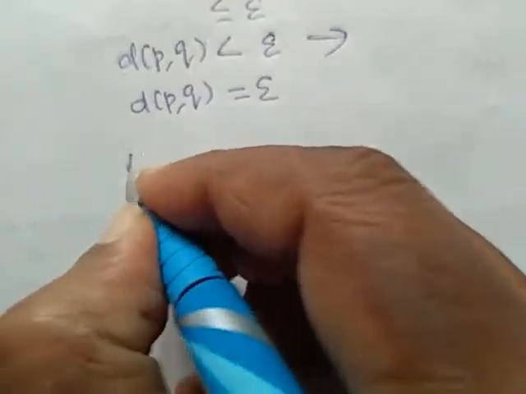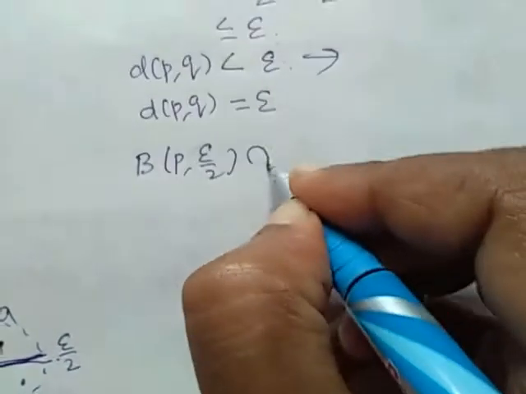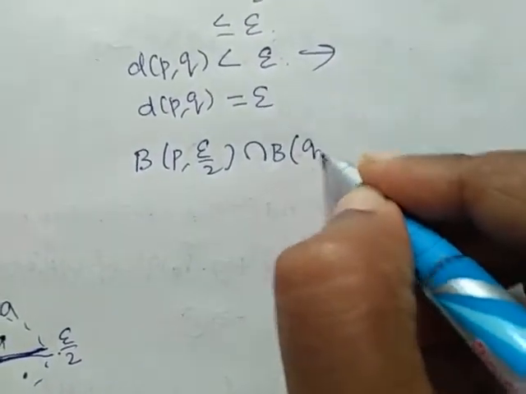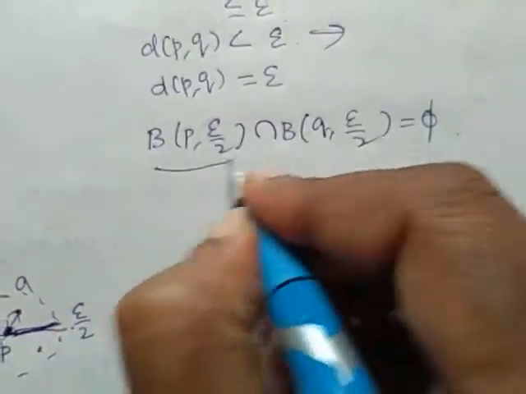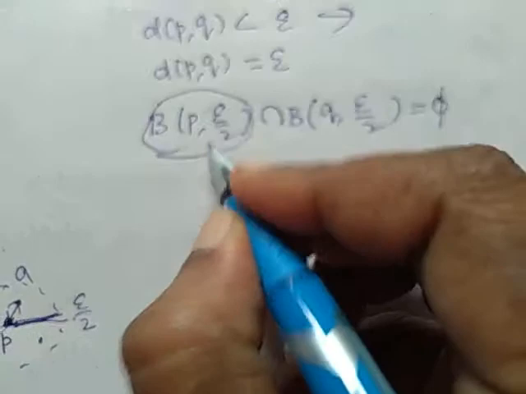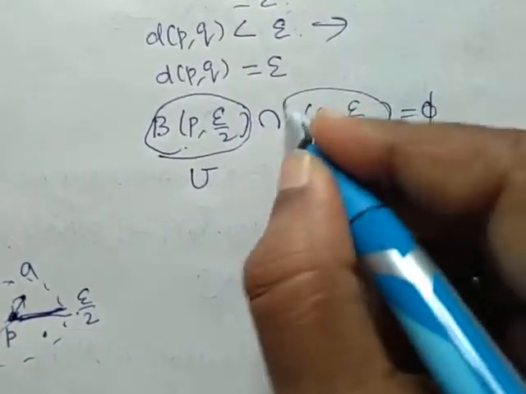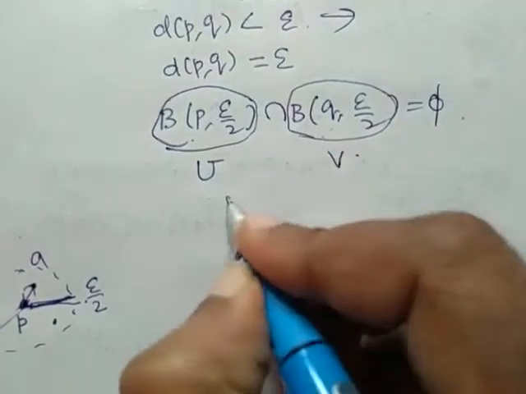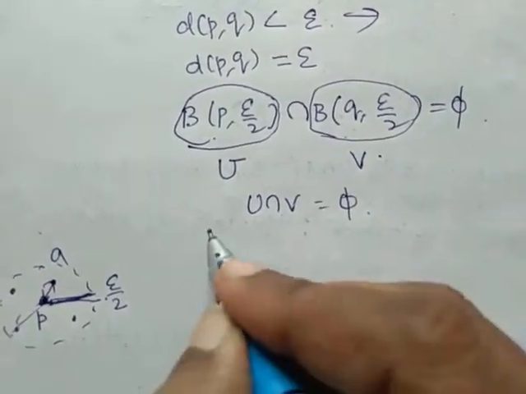Therefore, I will write it as B(P, epsilon by 2) intersection B(Q, epsilon by 2) is a null set. I will take this open sphere as open set U and this open sphere as V. Therefore, U intersection V is a null set. Obviously, we have two points.